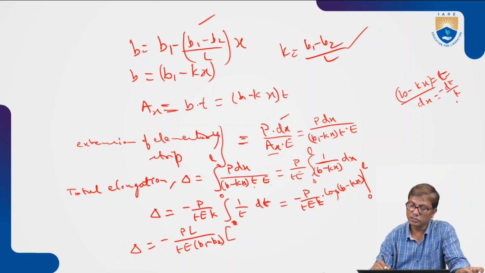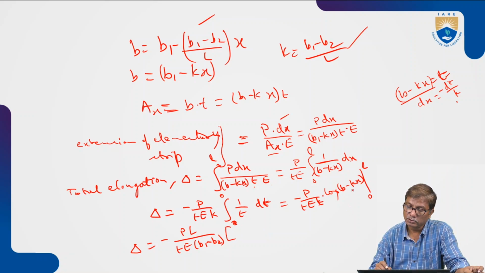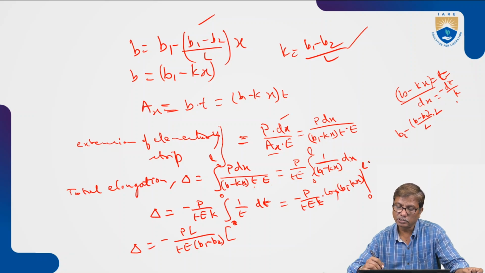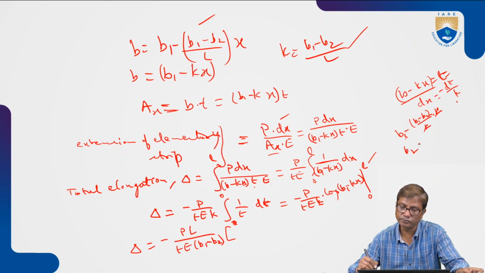And by substituting here for log, it is b1 minus kx, sorry, b1 minus kx. So substituting L here, the upper limit, what will you get? b1 minus of b1 plus b2, that means you will get b2.